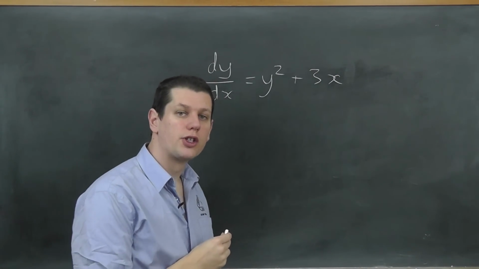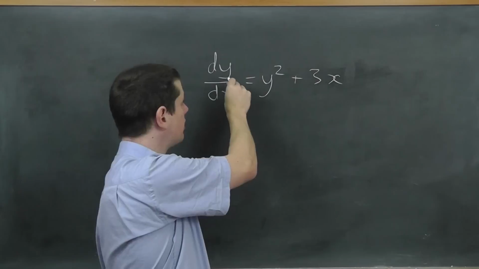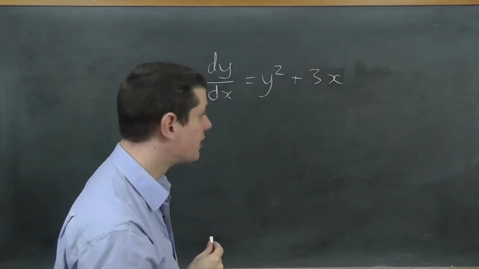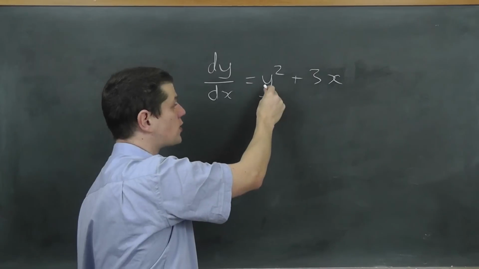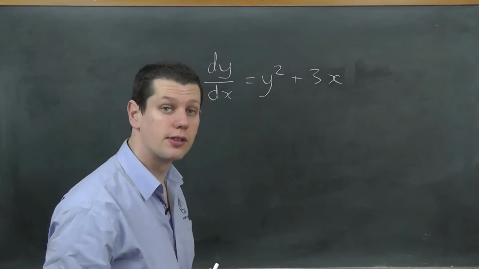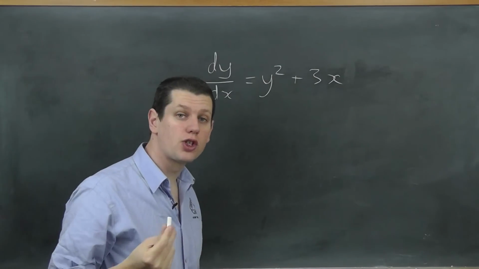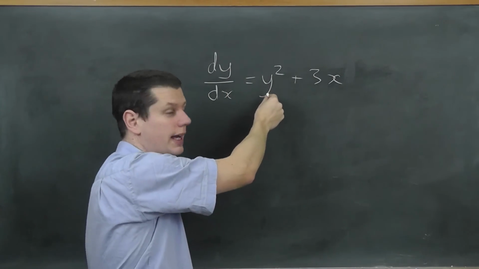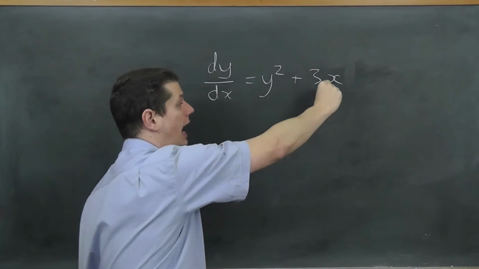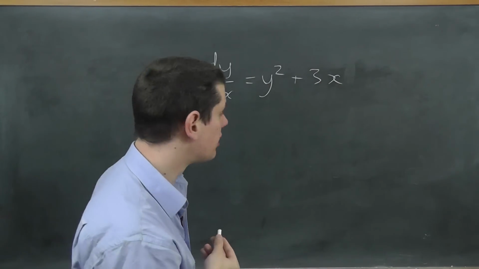This differential equation asks us to find a function y of x with the property that its derivative, dy by dx, is its square plus 3x. So we can form differential equations using combinations of the function y, its derivatives, x, adding them together, applying functions.